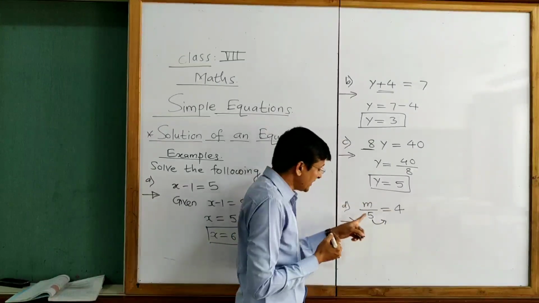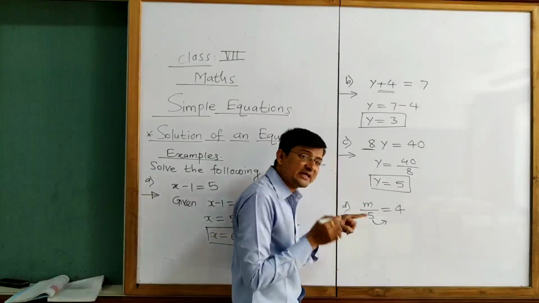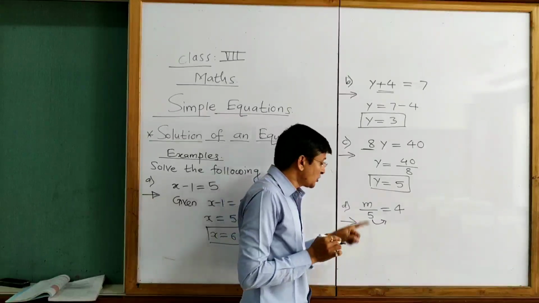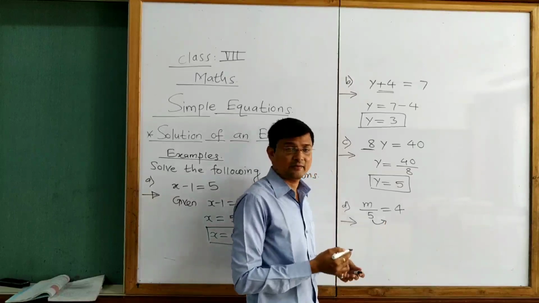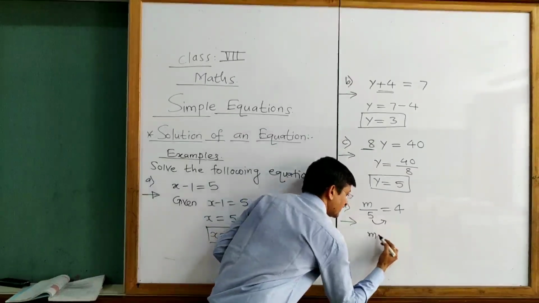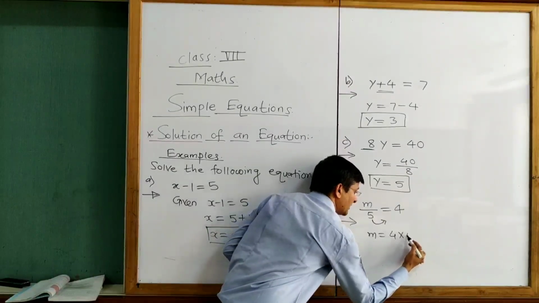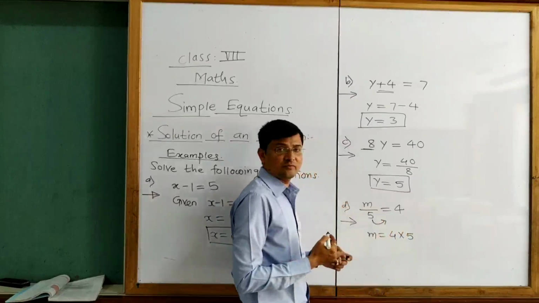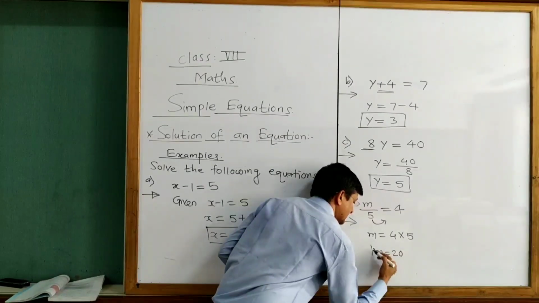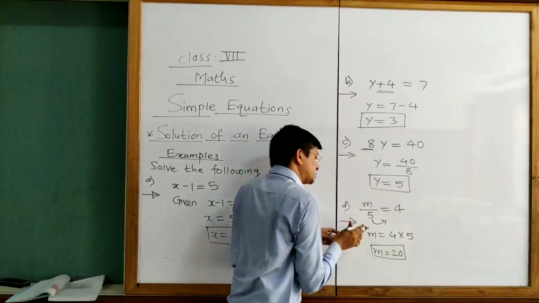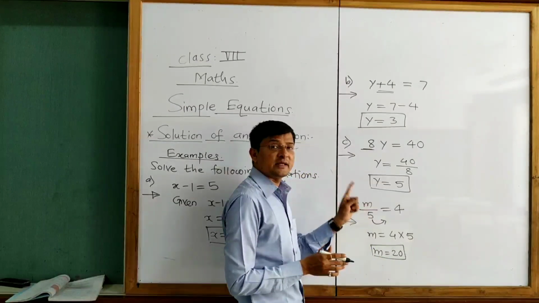It is observed that 5 is divided. So if we shift this 5 to the other side, it becomes multiply. So we get m is equal to 4 multiplied by 5, and 4 5s are 20. So m is equal to 20. This is the solution of the given equation.